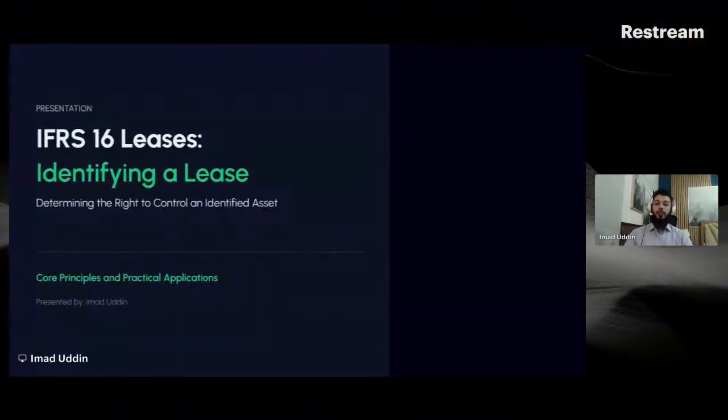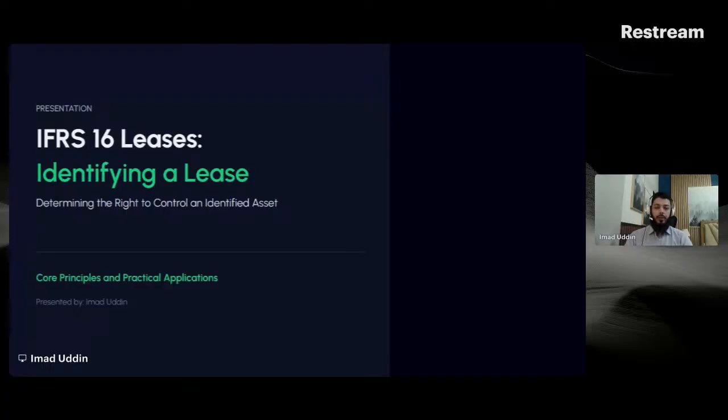Today we're going to talk in depth about what control is under IFRS 16 and how to identify a lease, because a lot of contracts can have terms that look like a lease but do not meet the criteria for identifying a lease. So we'll go a bit deep into this area today, and our podcast will generally be conversational.